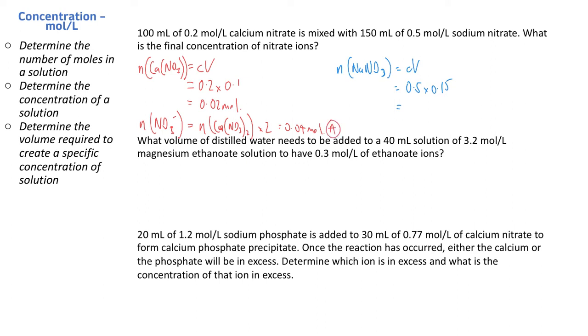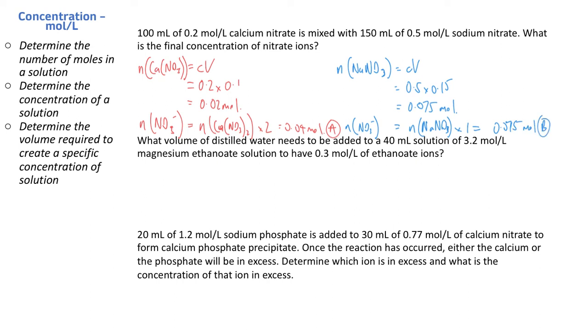Then I'm going to do the next one. 0.5 times 0.15 is equal to 0.075 moles. And the number of moles of nitrate ions here will be equal to the number of moles of sodium nitrate times 1, because it's the same value. There's one nitrate per sodium nitrate.